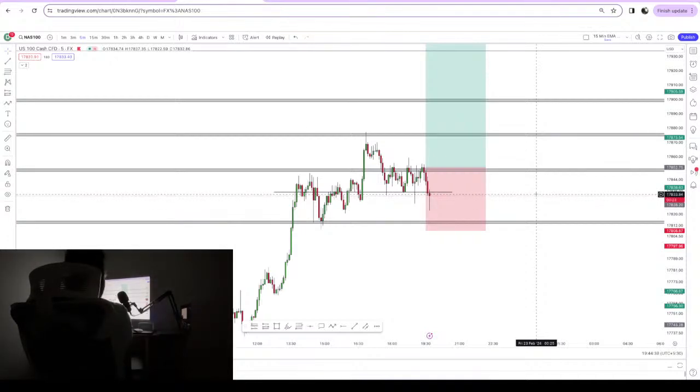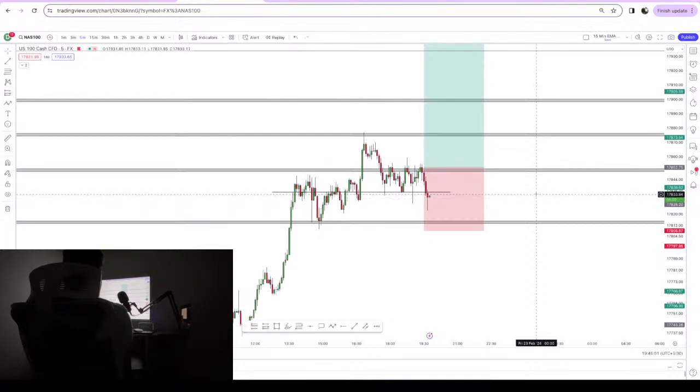If I get a bullish engulfing candle, I will take an entry, because it will be a proper double bottom for me. Like this green candle, if it closes above the red candle, we have a nice entry then.